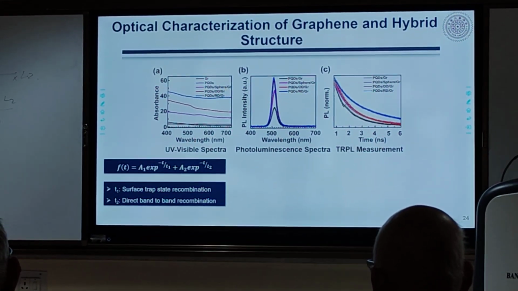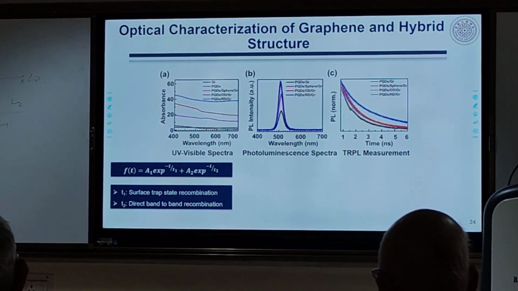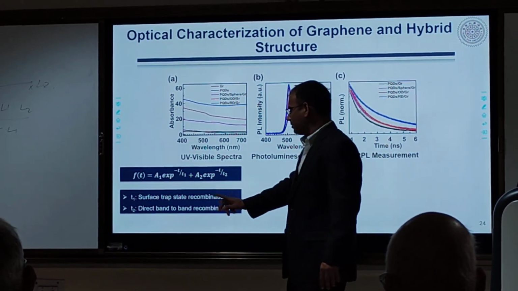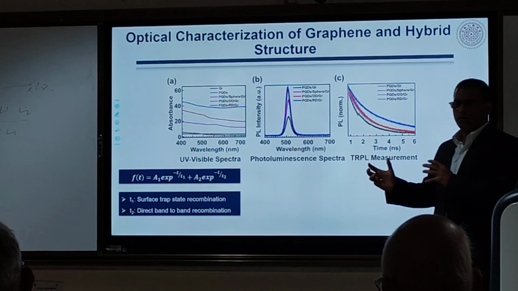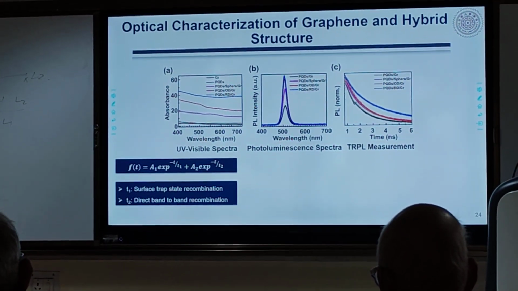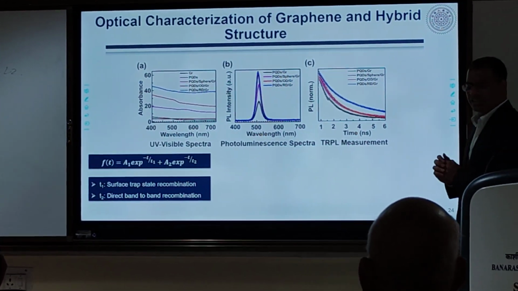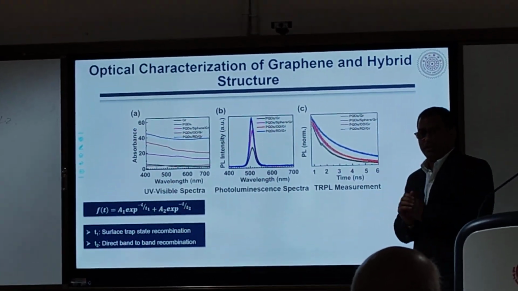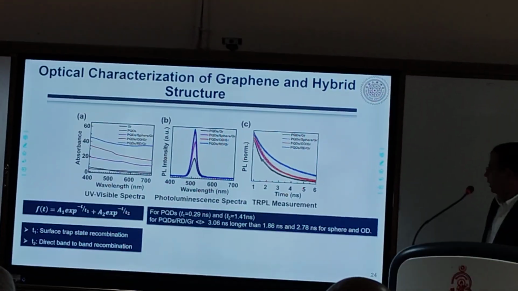Here T1 is the short lifetime of the excitons, coming from the surface trap state recombination, and T2 is the long lifetime of the excitons, which is for the direct band-to-band recombination.